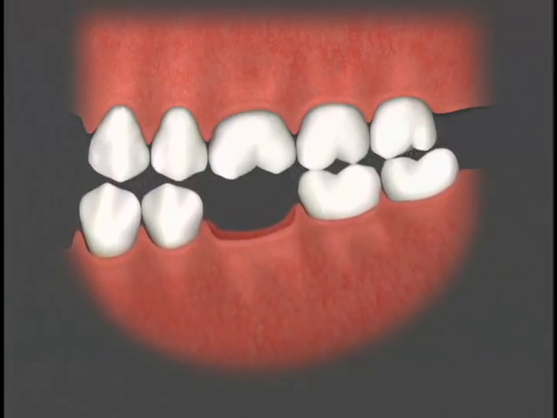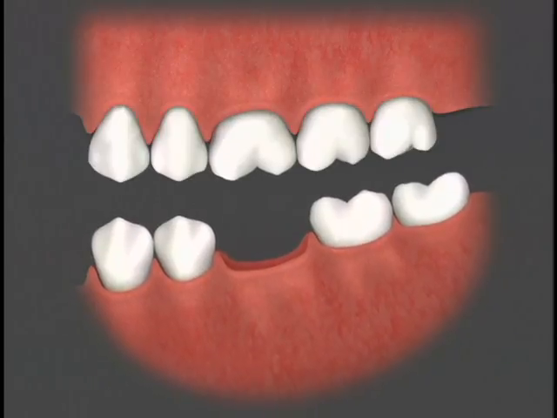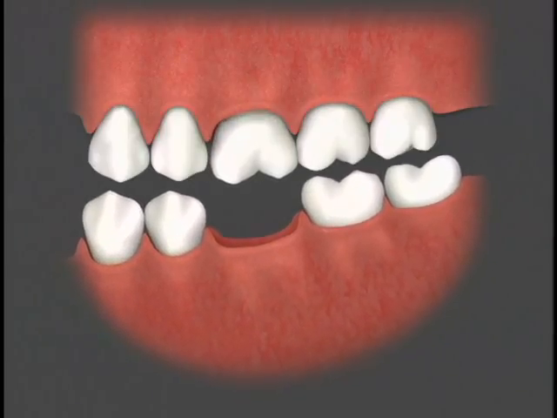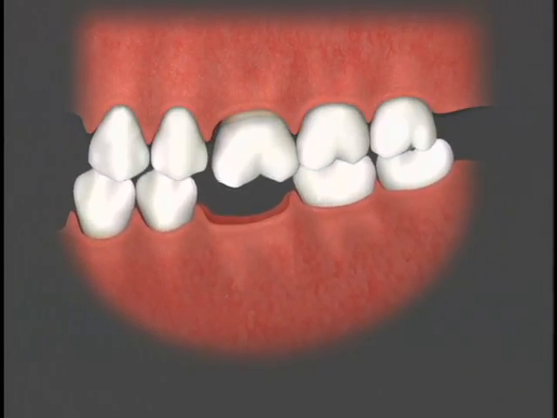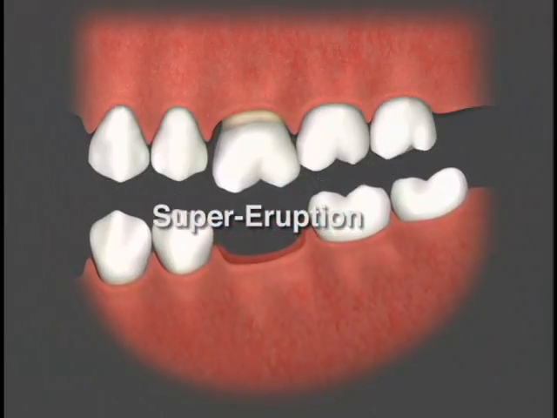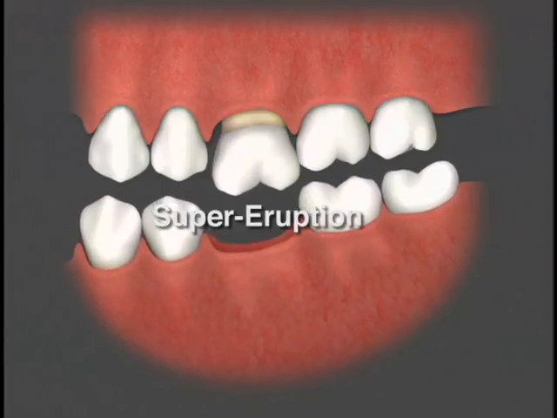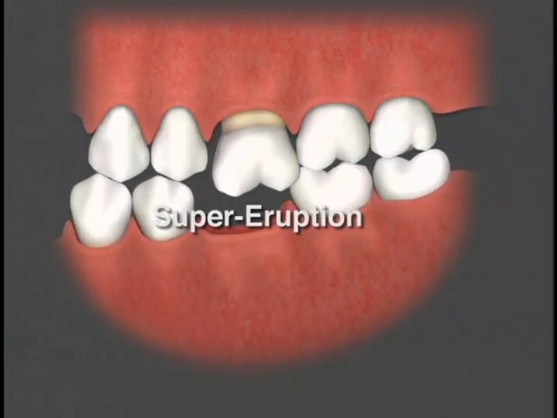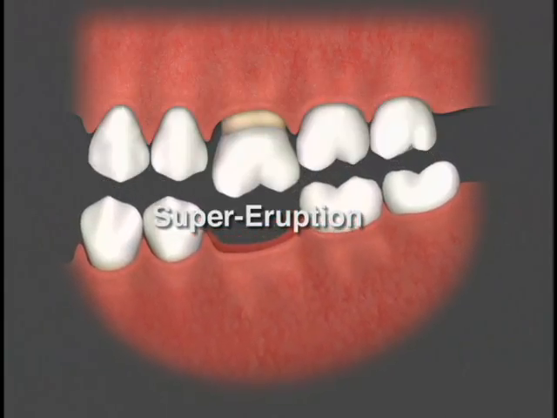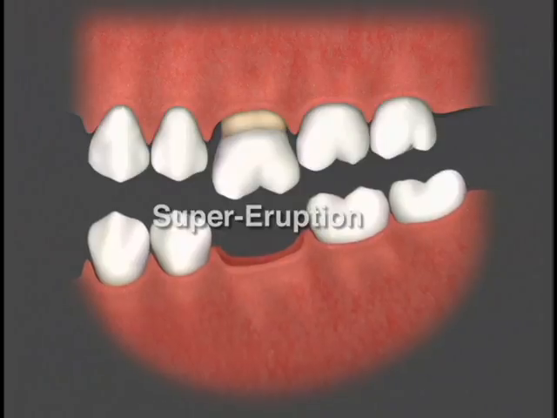The most obvious is that the opposing tooth will slowly move out of its position in an attempt to find an occlusal stop. This will create a condition called supereruption, where the occluding surface of the tooth extends beyond the occlusal plane, limiting the range of masticatory movements. Supereruption also weakens the support structure of the tooth as it grows out of the socket.